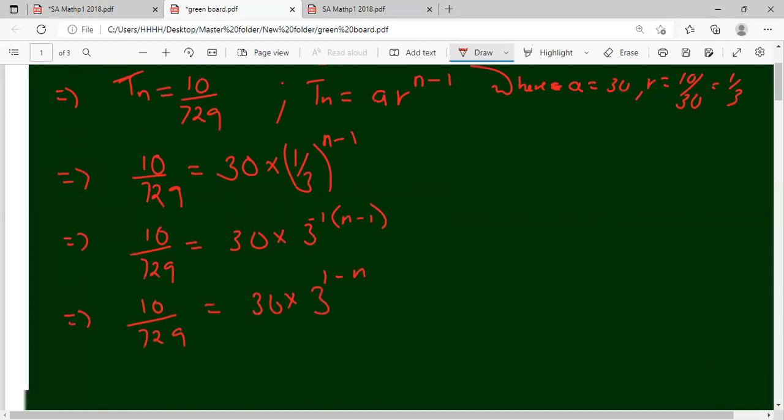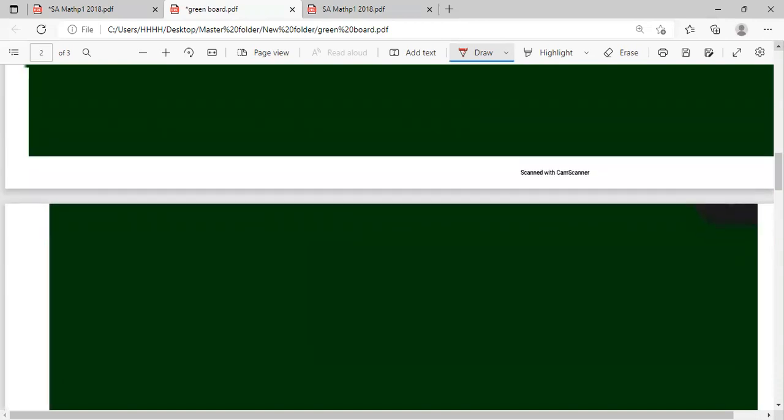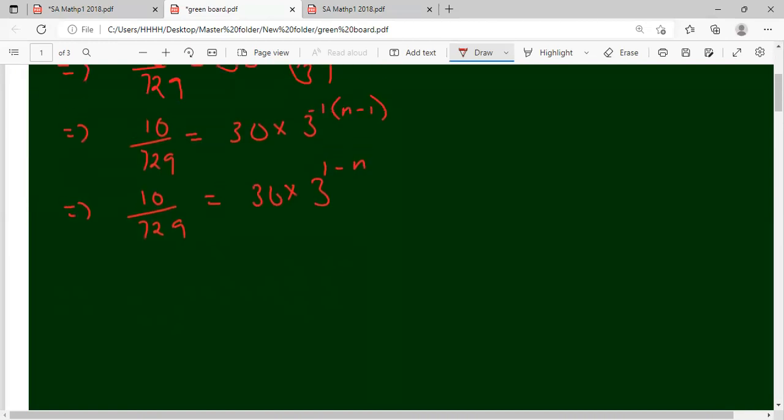We introduce an imaginary 1 and cross multiply. You have 30 times 3 to the power 1 minus n, and 1 times 10 gives us 10.